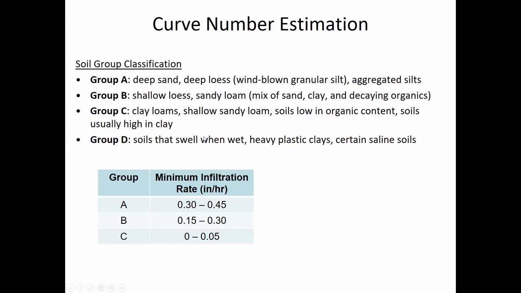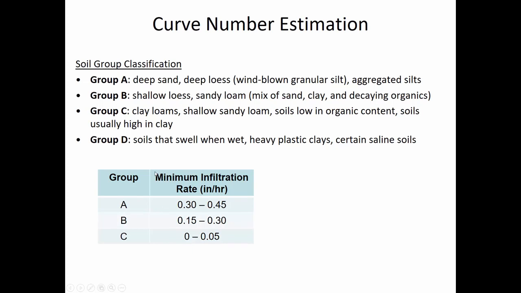What we see most of the time around here are group C soils and occasionally group B. Group A soils are pretty uncommon in Cabell County at least. You can see that group C soils have some clay in them, and there is some infiltration rate, but not a lot. It ranges starting at 0 for the minimum infiltration rate.